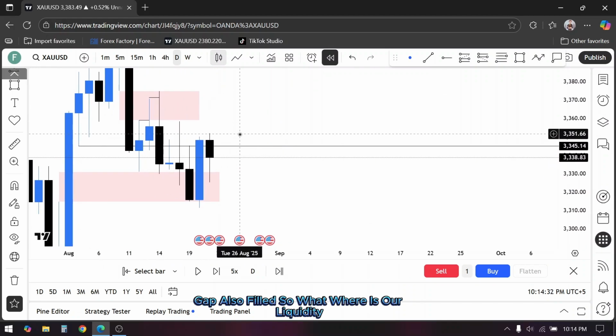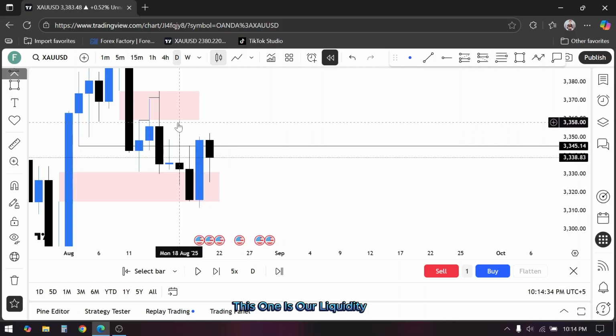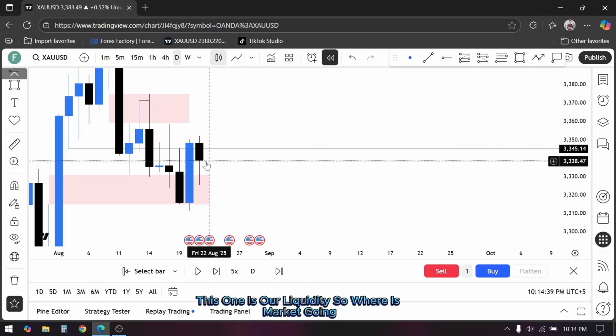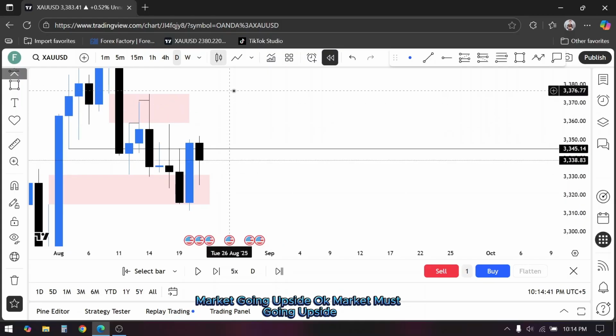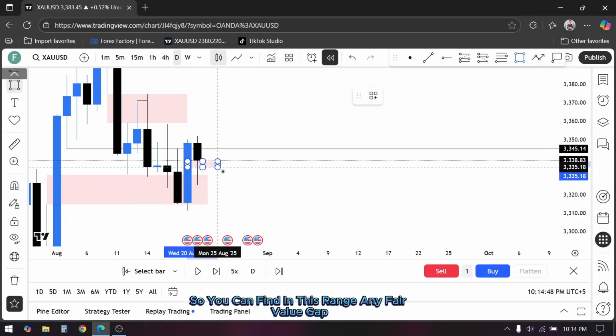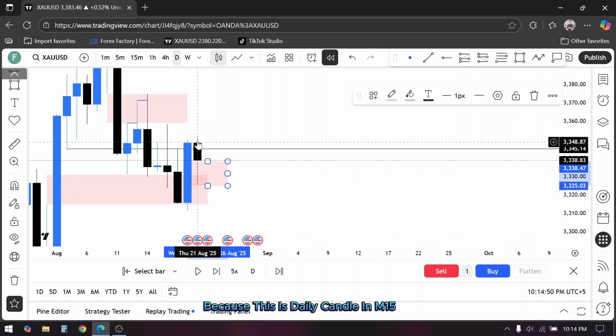So where is our liquidity? This one is our liquidity, this one is our liquidity, this one is our liquidity. So where is the market going? Market going upside, okay? Market must go upside. So you can find in this range any fair value gap, because this is daily candle.